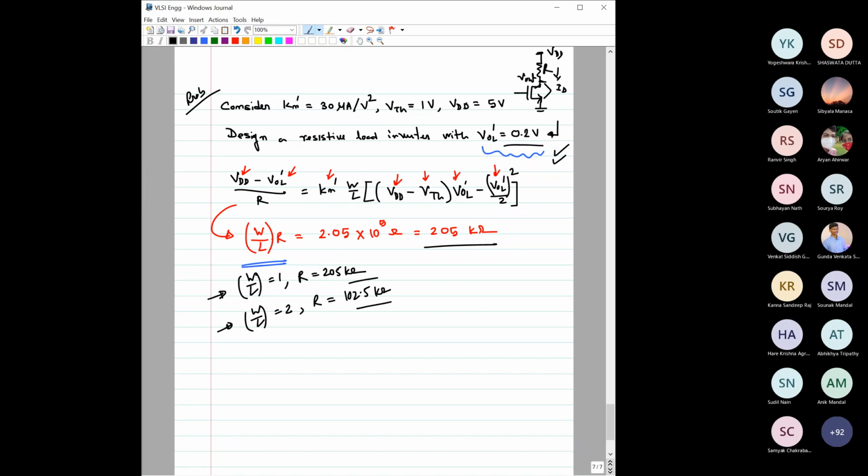Now let us try to understand from the power perspective, only the power perspective. What is the power dissipation in this particular circuit?